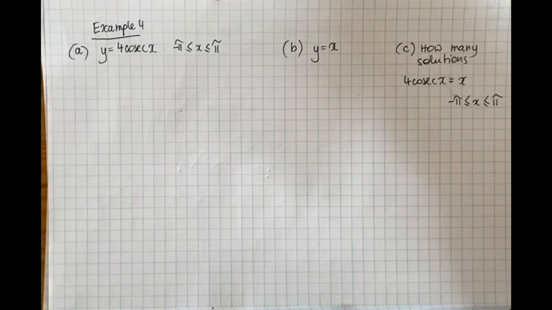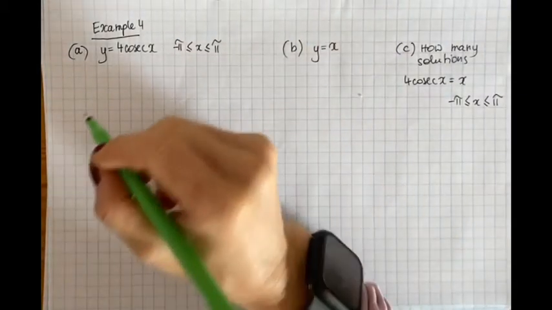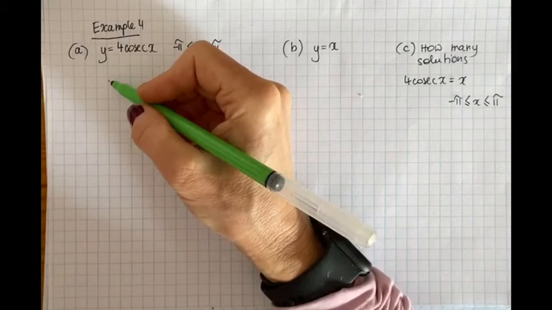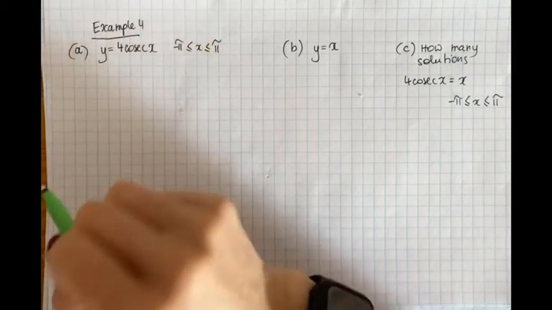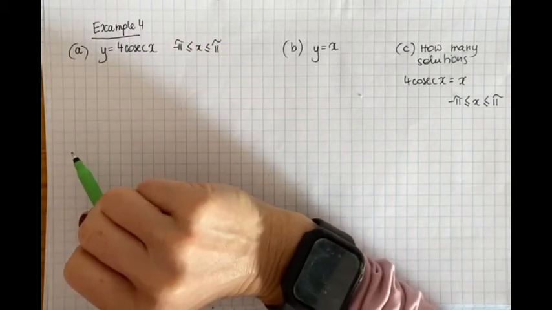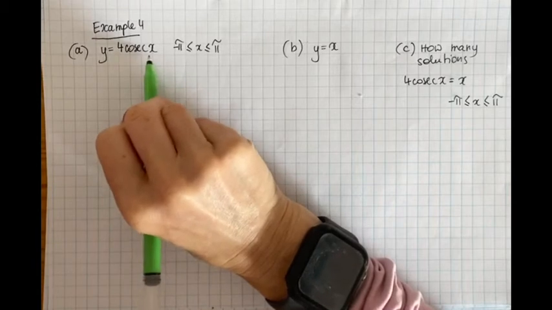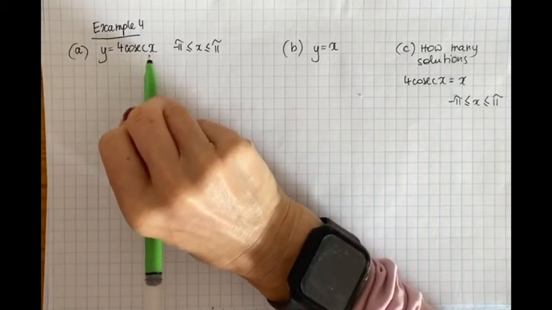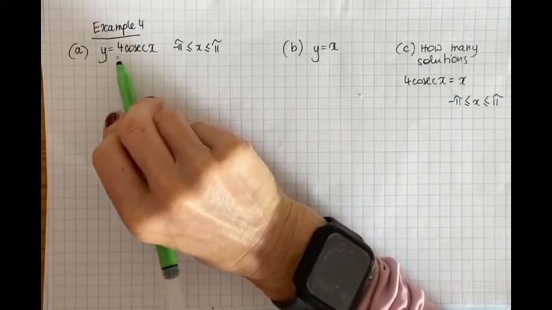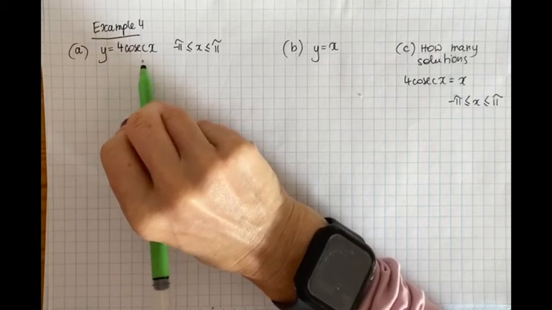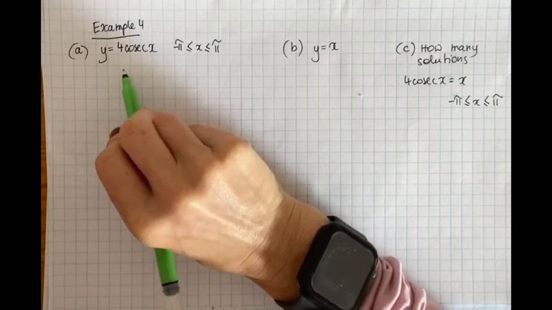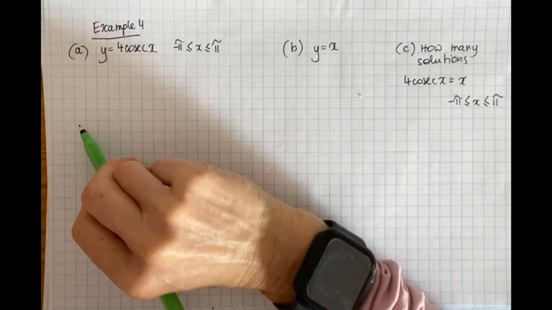So this is example 4. I have skipped example 3 because it just asks you to sketch sec theta. I went through all the other graphs to help you anyway, so you don't need the repetition of the previous graphs. All you need to do is sketch, and you've got a choice. You can sketch your cosec x and then stretch it by 4, which I will go for in this instance.